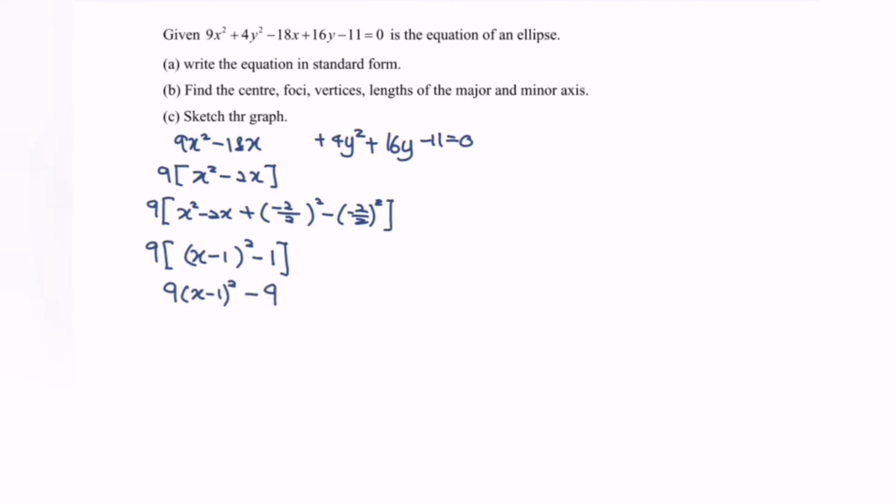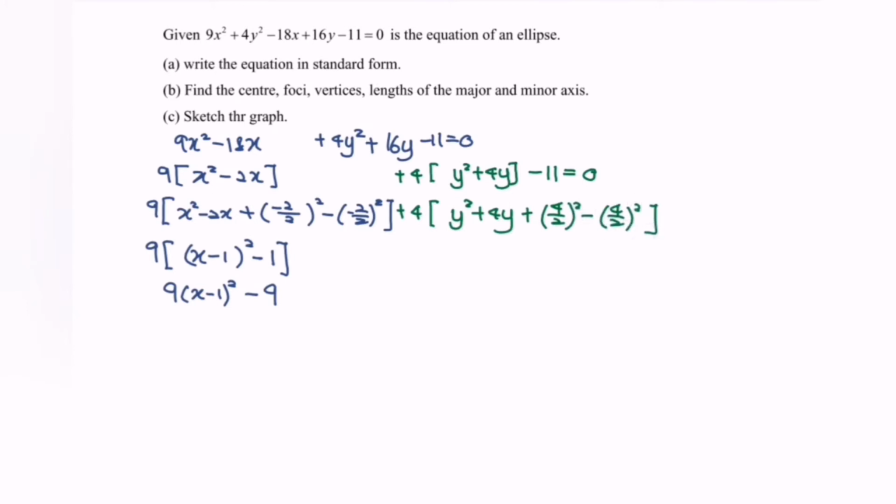For the second part, we have 4 bracket y squared plus 4y, minus 11 equals 0. Completing the square, 4 bracket y squared plus 4y plus bracket 4 over 2 bracket square minus 4 over 2 bracket square. Close the bracket, minus 11 equals 0.